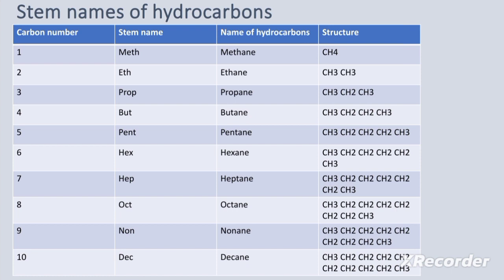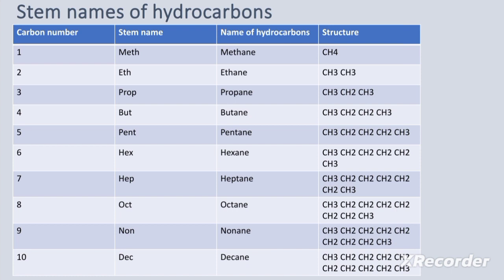When there are 5 carbon atoms and there are only single bonds, we call it pentane. If there is a double bond and there are 4 carbon atoms, that is butene.